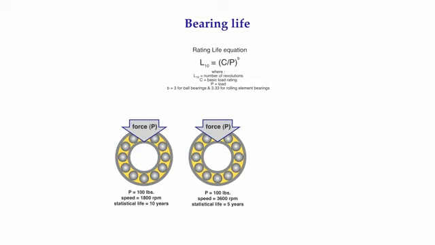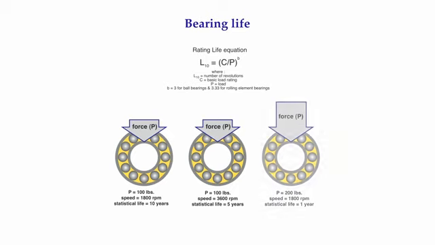If you then took an identical bearing, placed 100 pounds of load on it, and ran it at 3600 RPM, statistically that same bearing would last for only 5 years. If you took yet another identical bearing, placed 200 pounds of load on it, and ran it at 1800 RPM, statistically that bearing would only last for about 12 to 14 months.